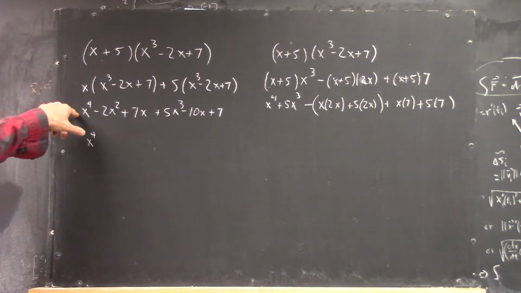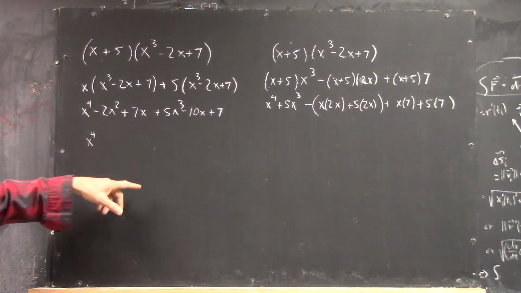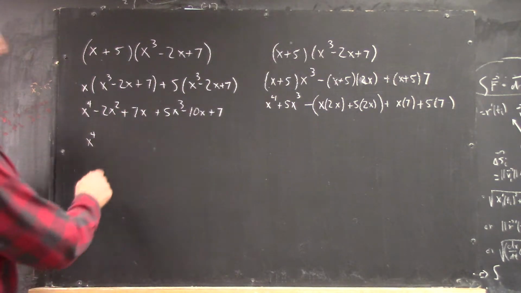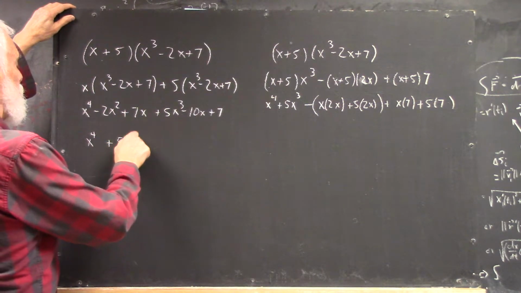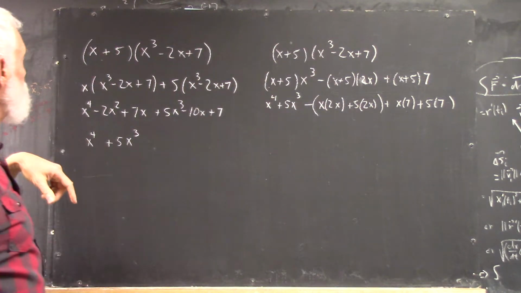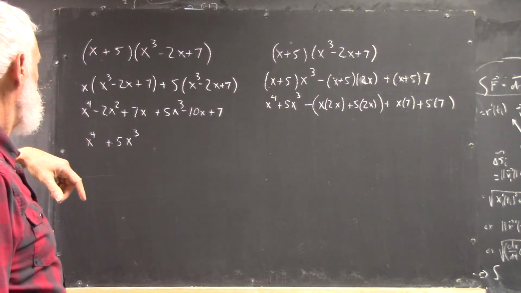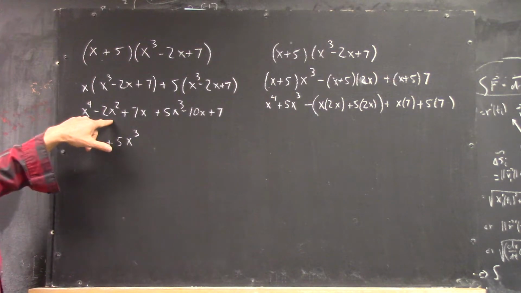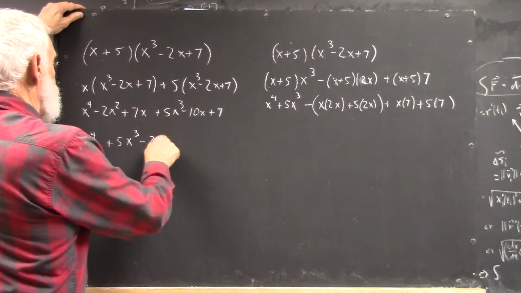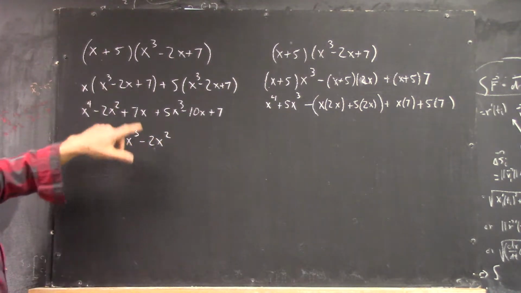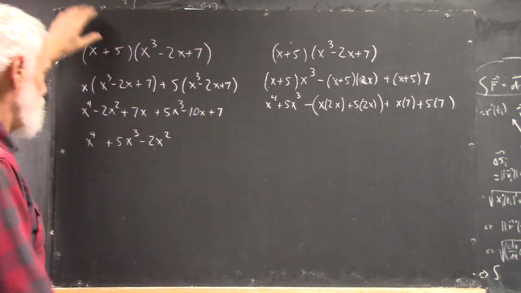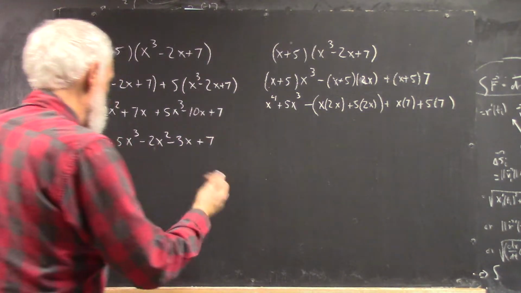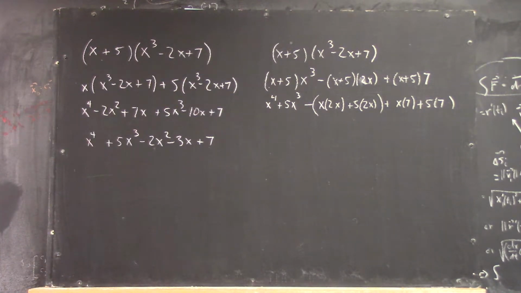My x cubed expression, there's only one, plus 5x cubed. Now there's only the negative 2x squared, the only x squared expression, but there are two expressions with x. That gives me negative 3x plus 7.